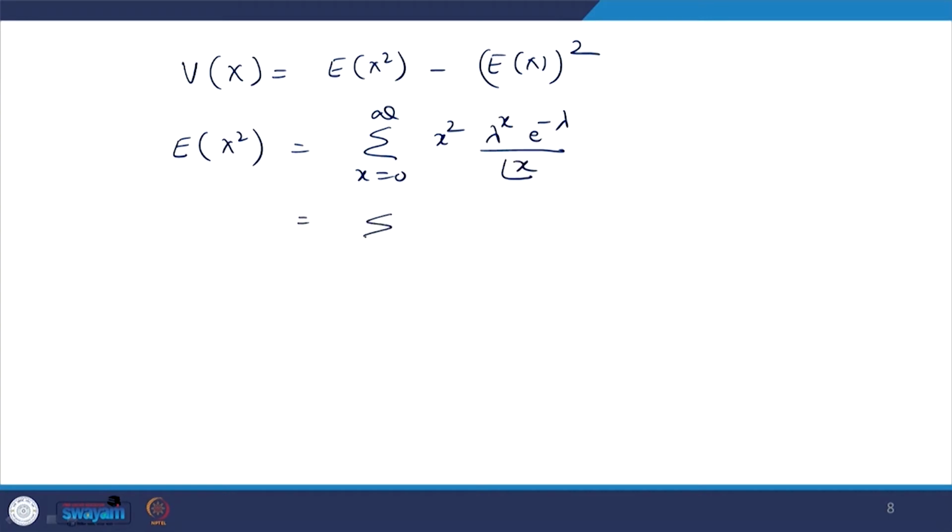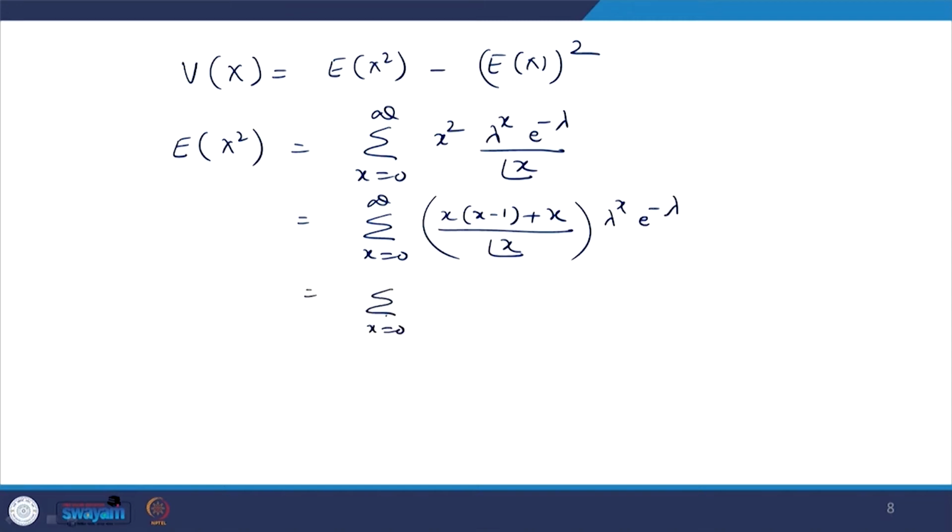Now, this can be written as x into x minus 1 plus x, upon factorial x, into lambda raised to power x into e raised to power minus lambda, which is summation x from 0 to infinity of 1 upon factorial x minus 2 plus 1 upon factorial x minus 1, into lambda raised to power x e raised to minus lambda.